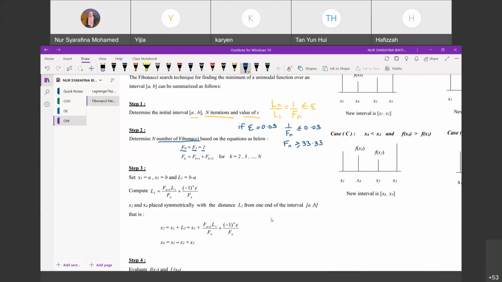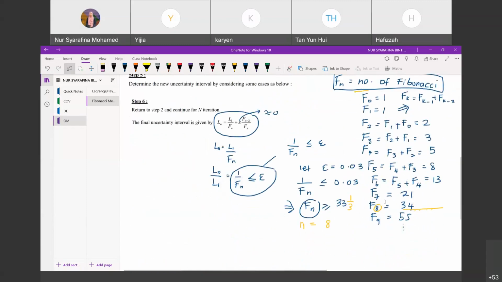Looking at the Fibonacci numbers, you can decide the number of iterations. Is it equal or greater than 8? At least equal to 8. Why? Because we take the greater value compared to the Fn. We take up until 8 iterations.